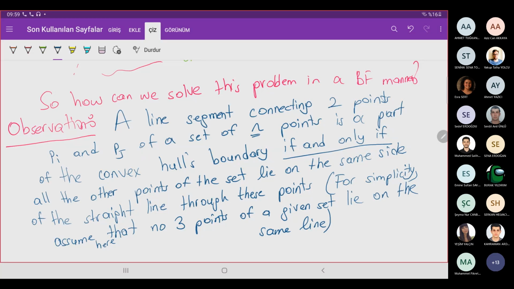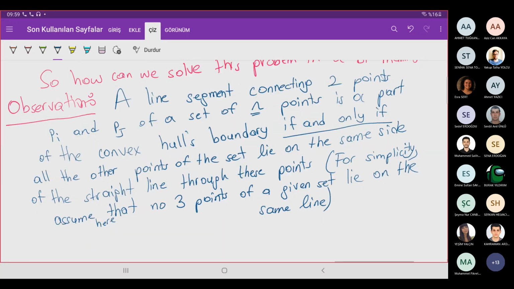Assume here that no 3 points of a given set lie on the same line. Okay?